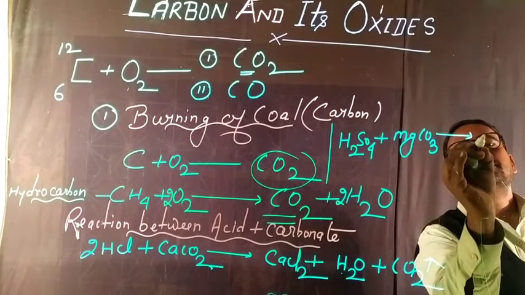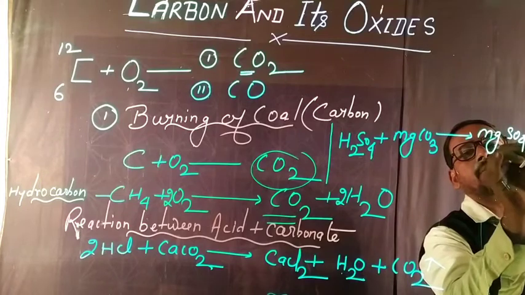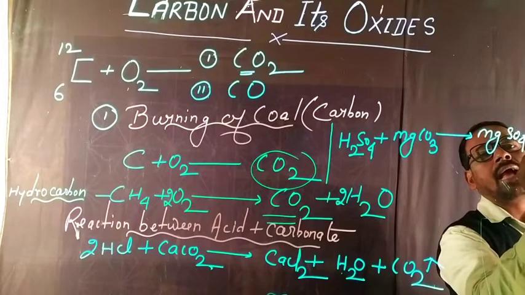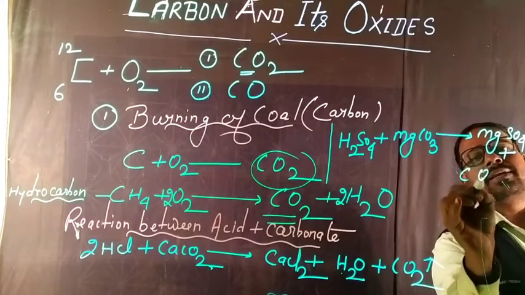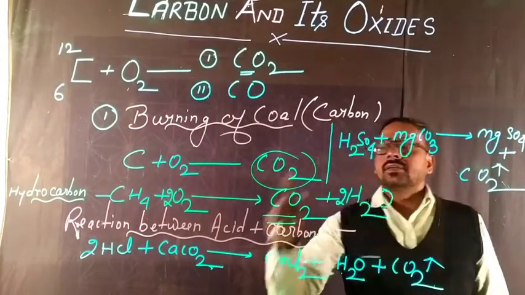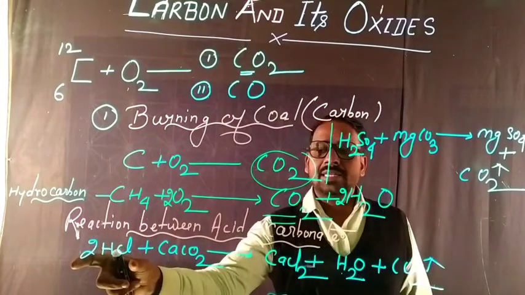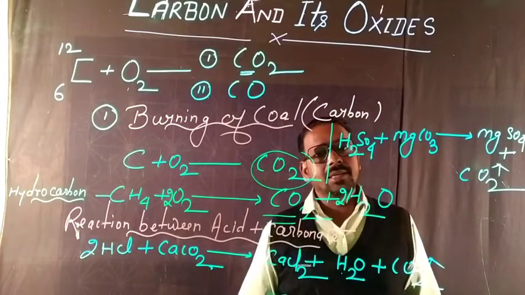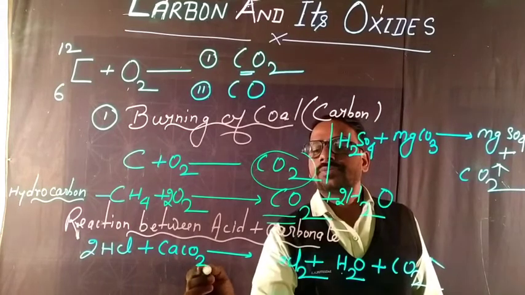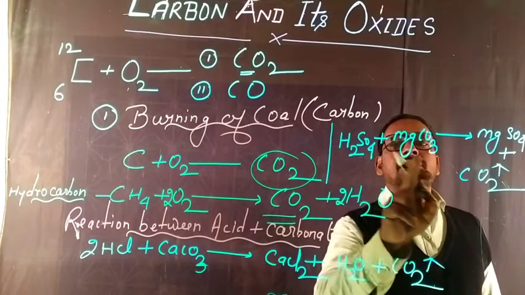We will get magnesium sulfate plus H2O, and finally carbon dioxide. So we can prepare carbon dioxide by the second method, the reaction between acid and carbonate. Any metal carbonate: HCl with CaCO3, and here magnesium carbonate.